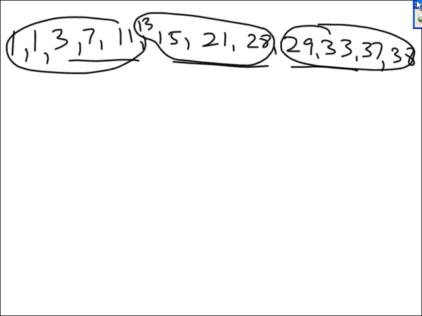You want to make up all these tables with 3 classes. So the first question is, what's the class width? Well, the class width is the highest number minus the lowest number divided by the number of classes.